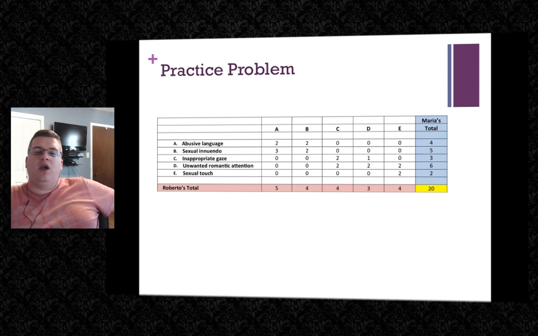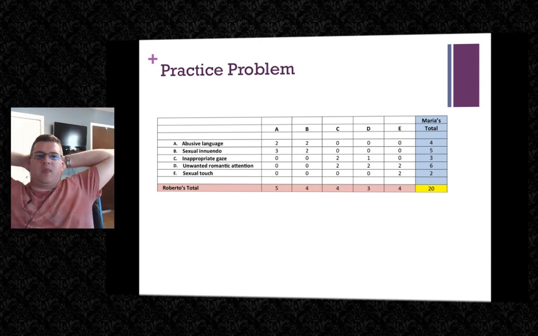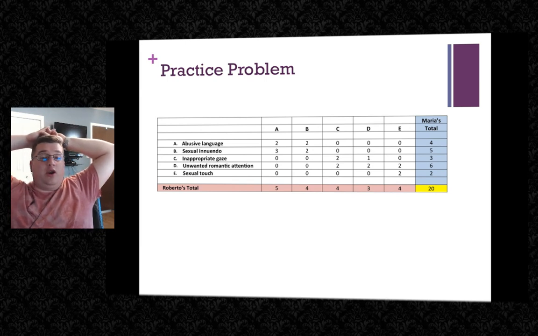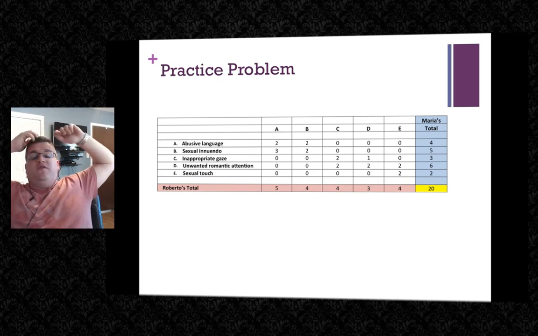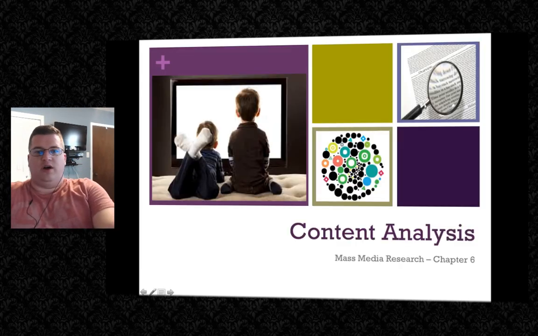What are we seeing? And you would break it down and see how each one of those categories actually matches up. So we wouldn't just do grand total versus grand total. We would look category by category and see how our coders matched.